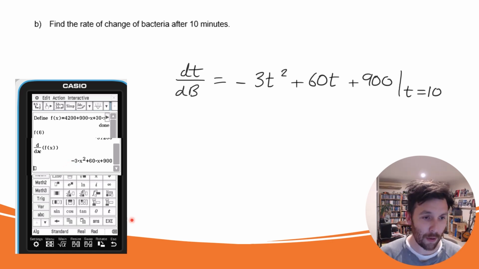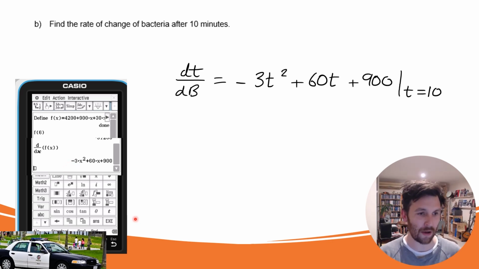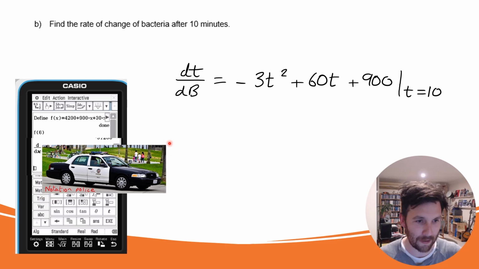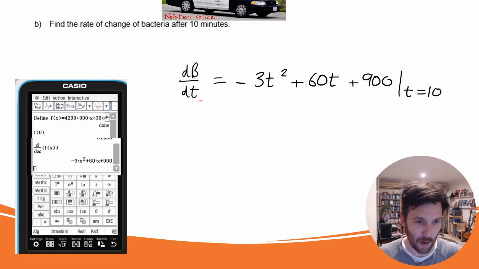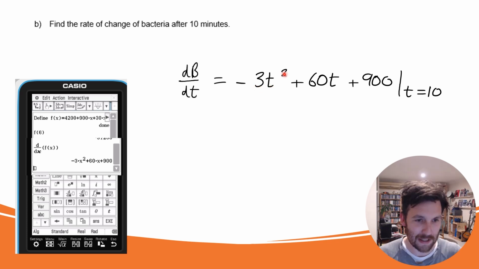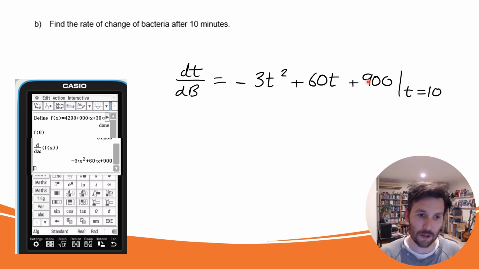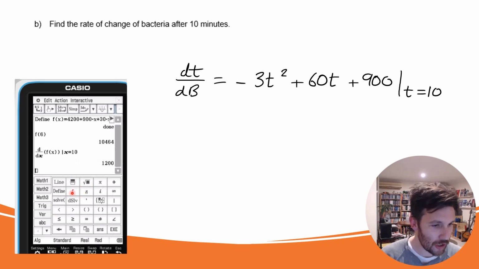And that's going to be our first line of working out. We want to tell the person marking our paper that the derivative of b with respect to t for this question is going to be negative 3t squared plus 60t plus 900. But we want to evaluate this when t is equal to 10. And the way that I can easily do that on the ClassPad is to go down to Math 3 down here.